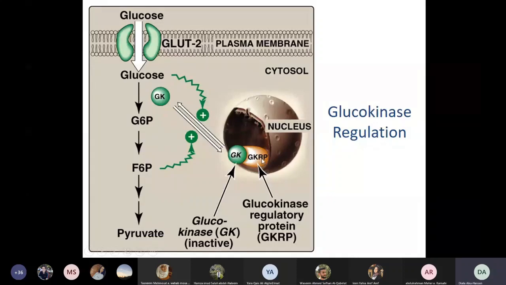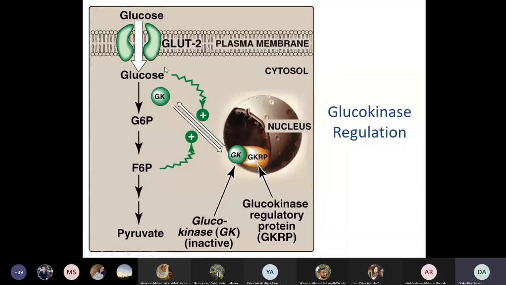Once it's bound to this regulatory protein, it becomes inactive. So if I have a lot of fructose 6-phosphate giving me a large amount of pyruvate, there is no need to continue these reactions, so let's inhibit glucokinase.